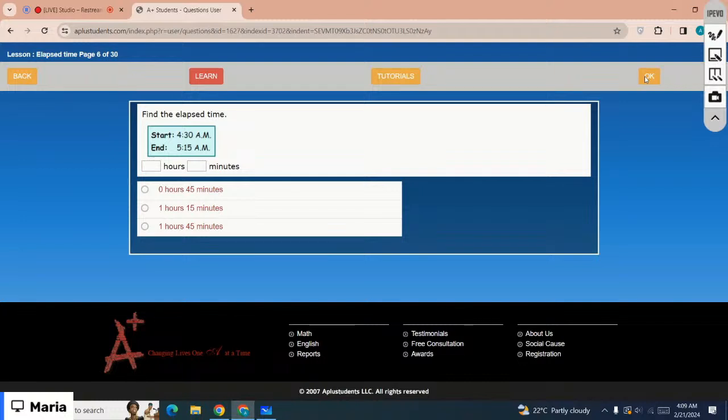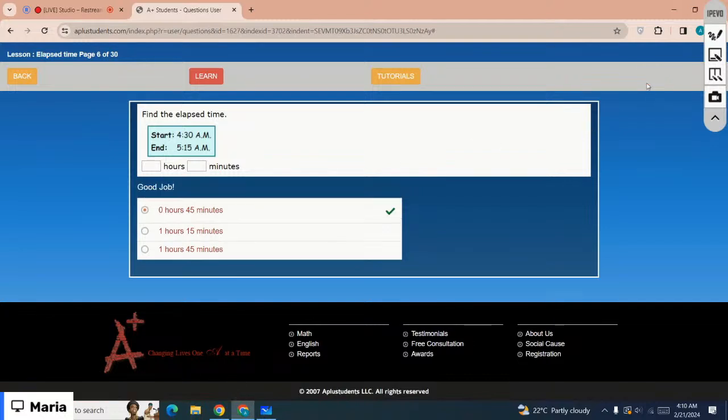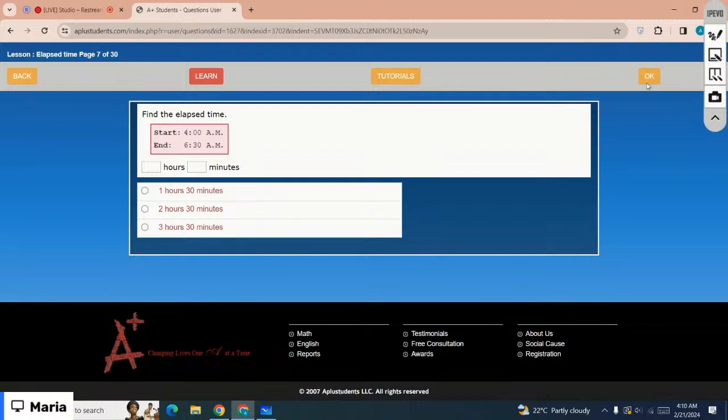The correct option is 0 hours and 45 minutes. The next one is find the elapsed time.